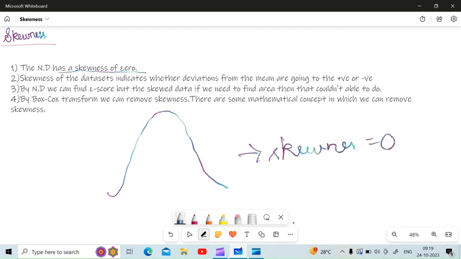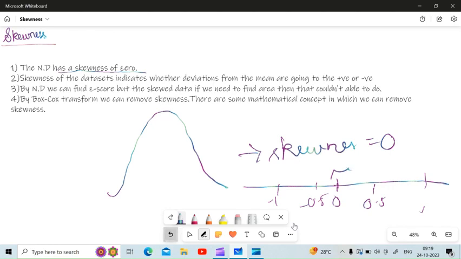Like previously I have given one concept related to this, where I represented 0, minus 0.5, plus 0.5, then minus 1, 1. So if it is 0, then it is normally distributed. If it is a normal distribution, then the skewness will definitely be 0. So by the property itself you have got it.